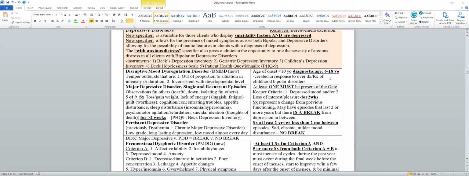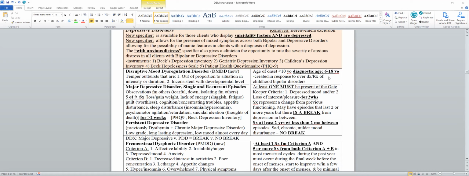Diagnostic age is between 6 and 18 years old. It was created in response to the overdiagnosis and overprescription of childhood bipolar disorders and medications. That subcategory is called disruptive mood dysregulation disorder.